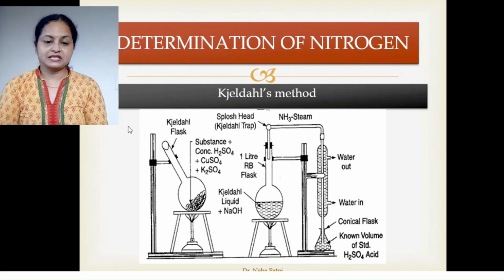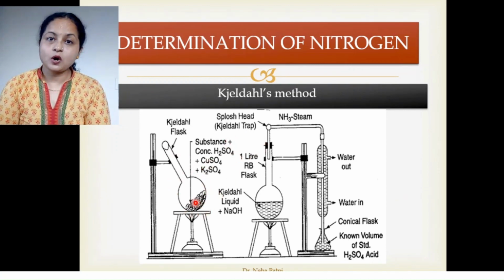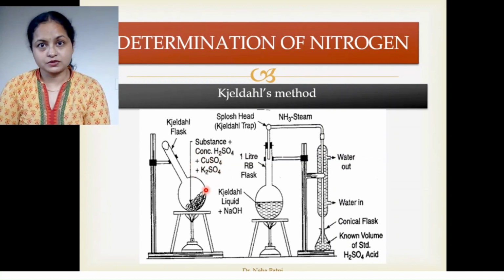Now here if you can see, you're using a Kjeldahl flask. In the Kjeldahl flask, the substance or the sample which you are to check whether it can be used as a fuel, you have to take here and mix it with concentrated H2SO4, and certain catalysts also are required.